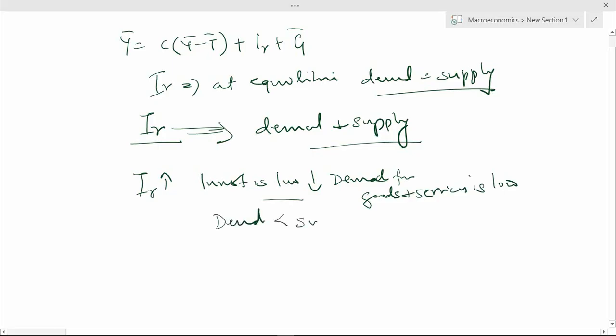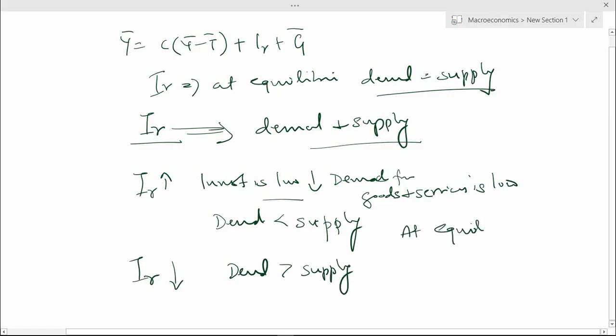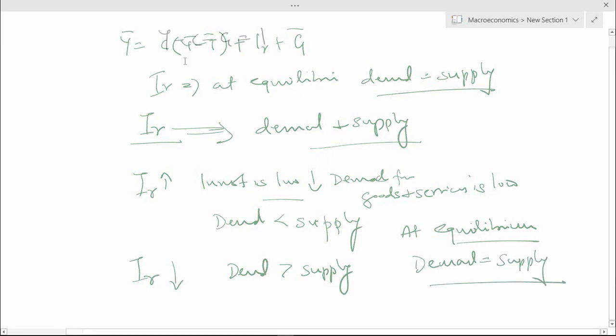So demand is lower than supply. Similarly, when IR is low, because investment is high, demand exceeds supply, and at equilibrium, demand is equal to supply.